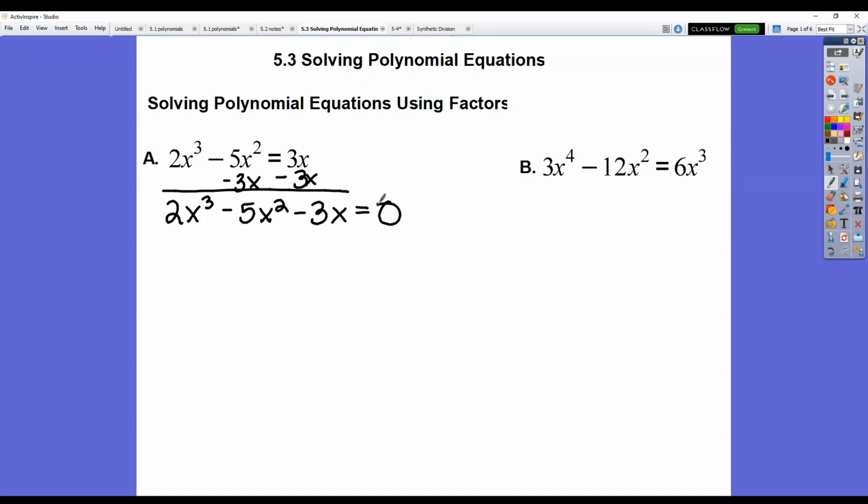Okay, then take out the GCF. So you take out the x.